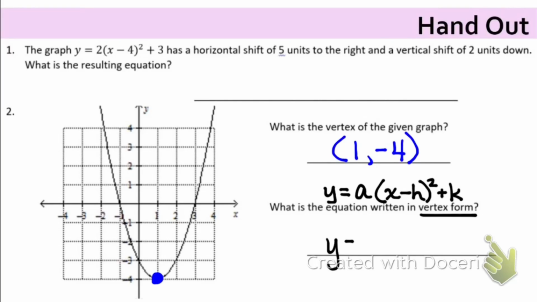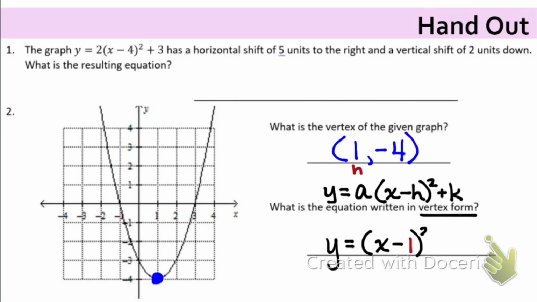Our a value on this is 1. And when the a value is 1, nothing changes. I don't need to write it down. What should I put after the minus sign? The 1, because this is my h value. So I'm going to put a 1 right here.